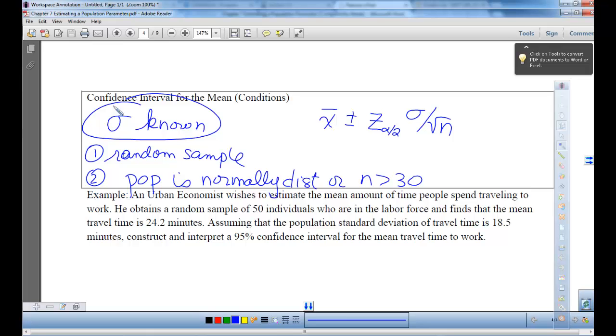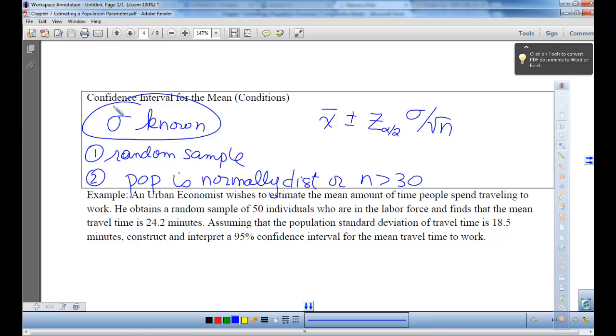We've got this example. It says an urban economist wishes to estimate the mean amount of time people spend traveling to work. He obtains a random sample of 50 individuals who are in the labor force and finds that the mean travel time is 24.2 minutes. Assuming that the population standard deviation of travel time is 18.5.